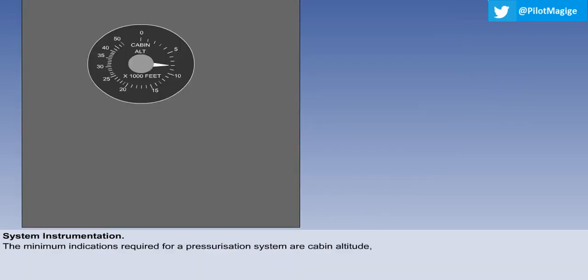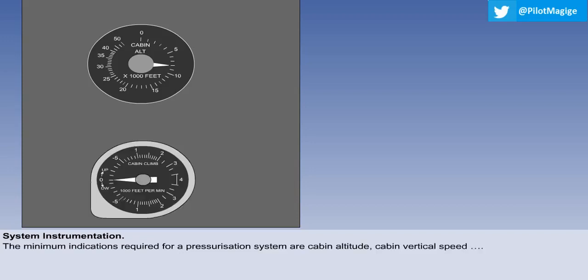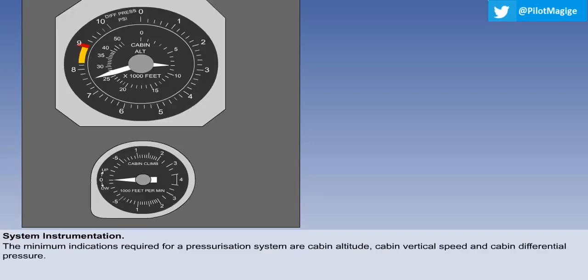The minimum indications required for a pressurization system are cabin altitude, cabin vertical speed, and cabin differential pressure.